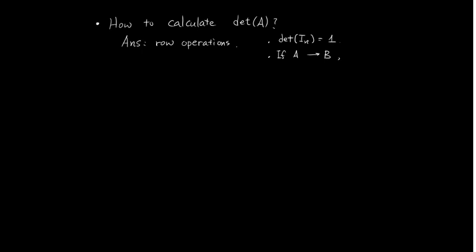Say, if you swap two rows, then the determinant will change the sign. Sorry, my writing is a bit small. Can you see from the back? Yes? Okay.